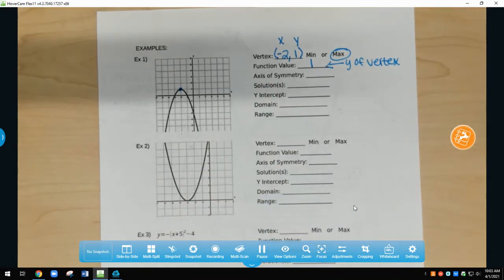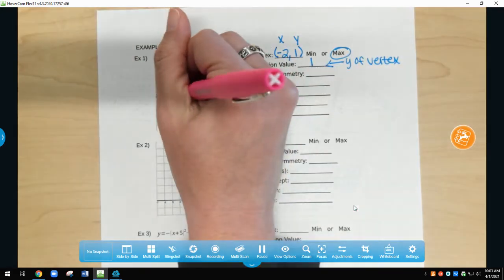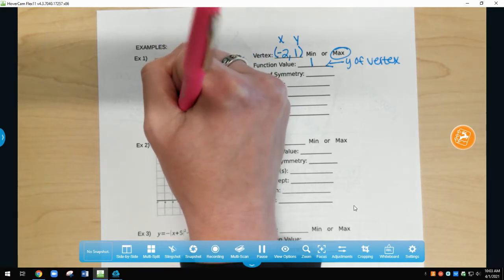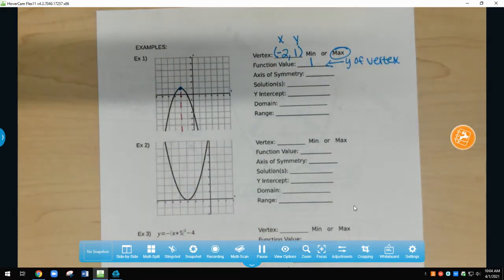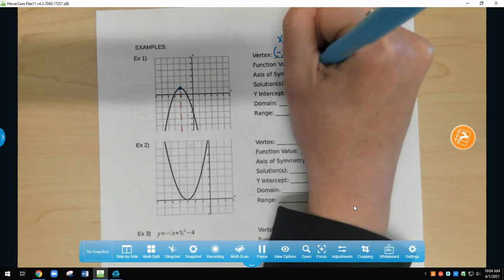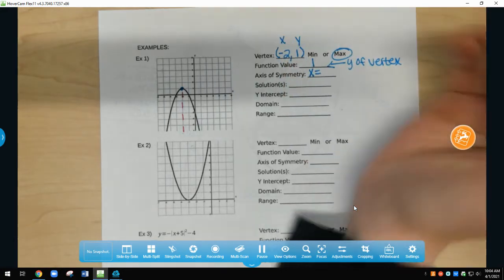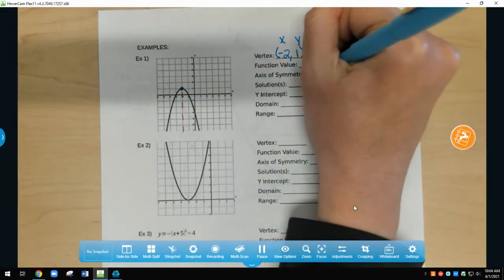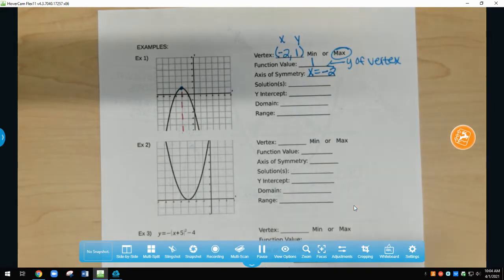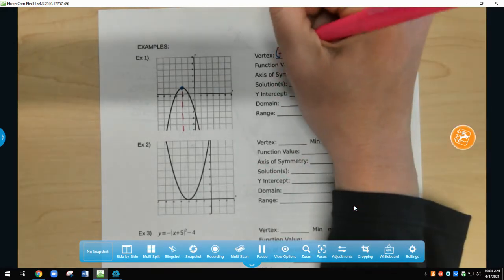Okay, so the function value is the y of the vertex. The axis of symmetry. Find your vertex, draw a dashed line. Whatever x value it goes through, it's always going to start x equals. So it goes through -2. Notice these numbers are always going to match.